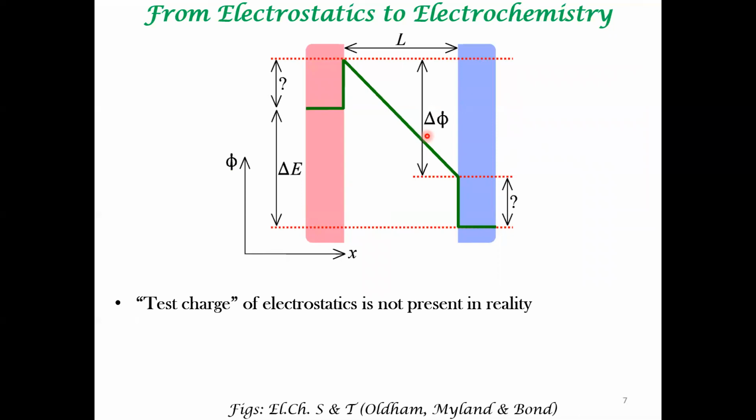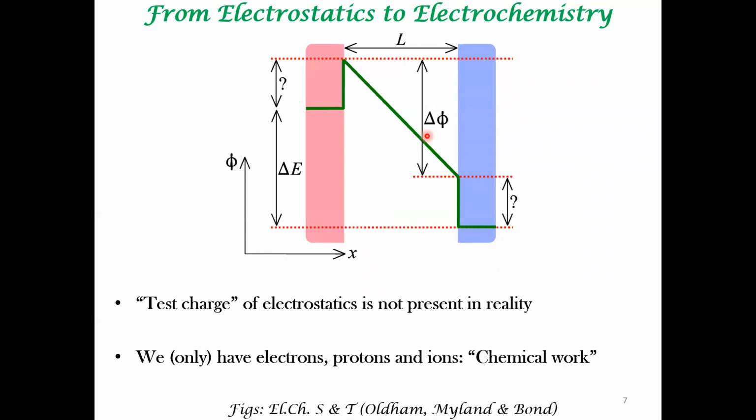It is not present in reality because the charges which we see in real systems are electrons, protons, and ions. Protons and ions have a finite charge, and not just a finite charge, they also have a finite size. So the test charge of electrostatics doesn't really have a finite size.